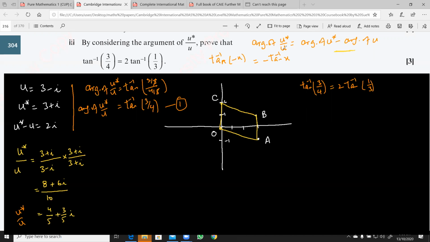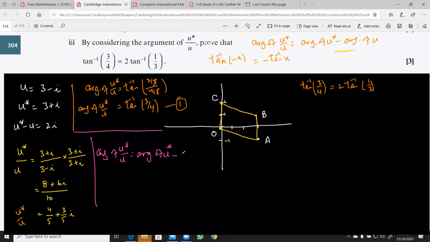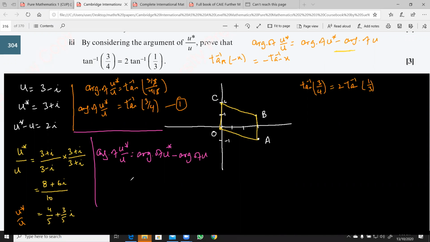Okay? Second thing, using this, you should allow me to say that argument of u star over u is argument of u star minus argument of u. You see, this is the real face of pure mathematics. Okay, now argument of u star, look at this, this is your u star.